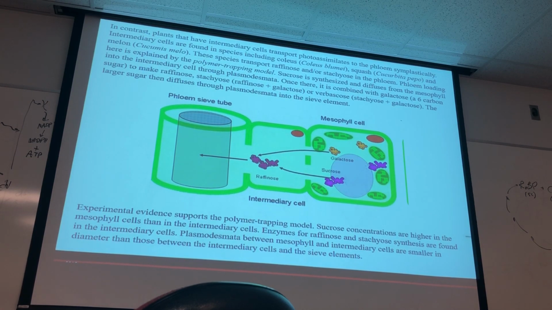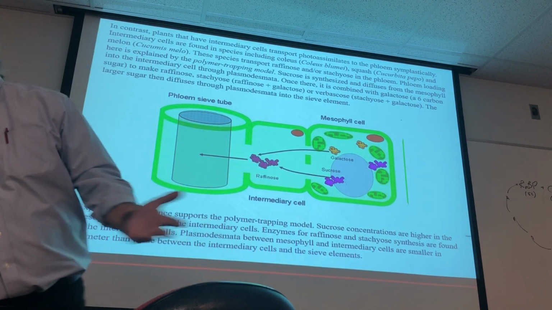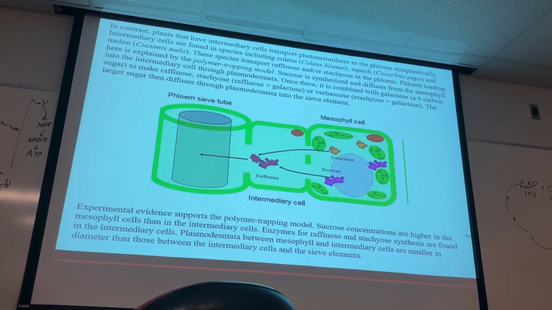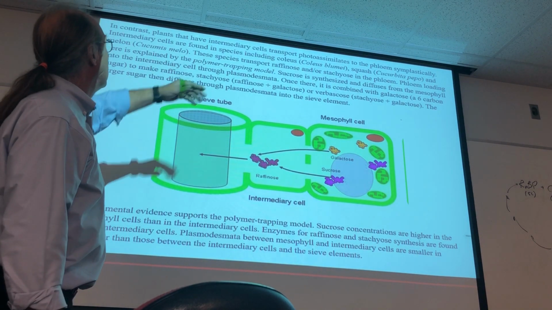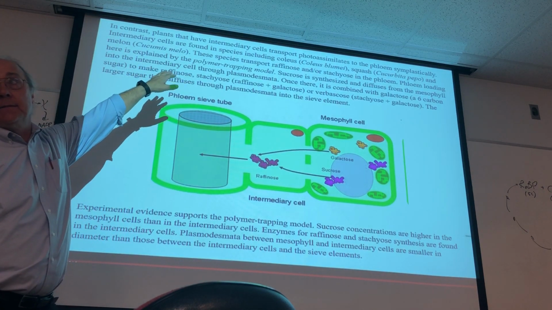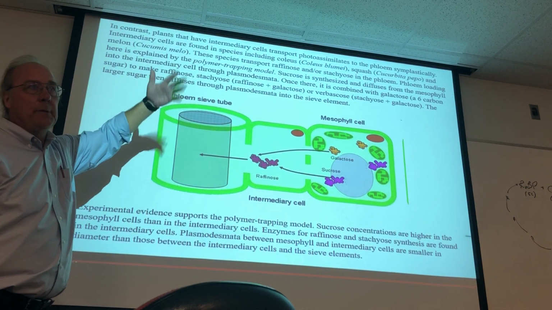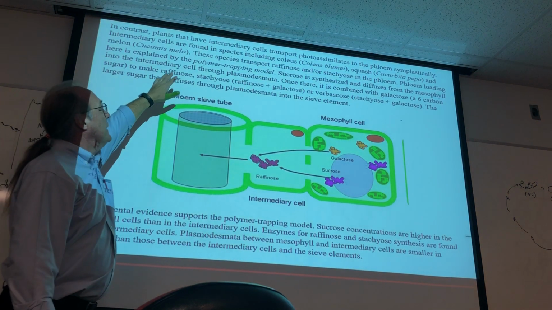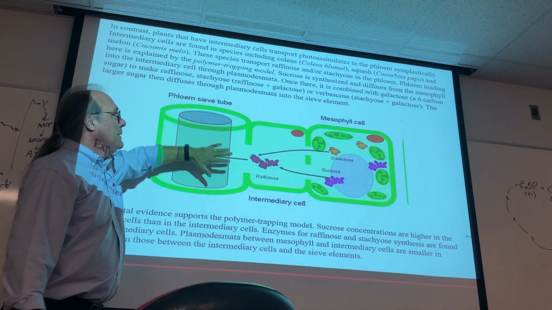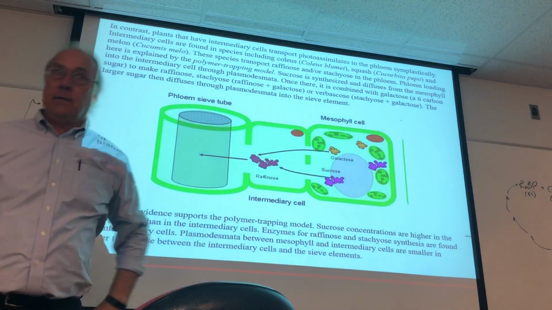In contrast to that, there are some plants that have intermediary cells. These are the ones that have plasmodesmatal connections to all the cells around them. In particular, well, Coleus has some, but in particular the cucurbitaceae, plants in that family, the cucurbits, melons and pumpkins and squash, have intermediary cells, and they work differently.